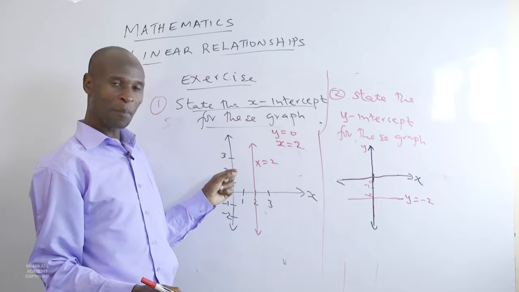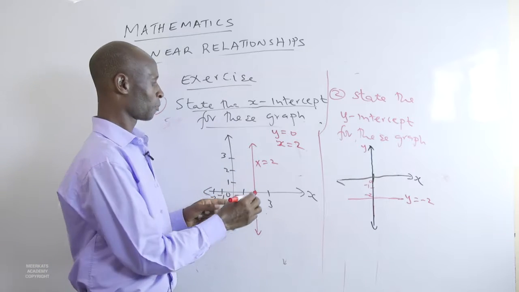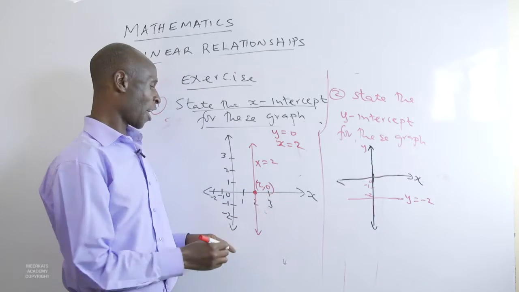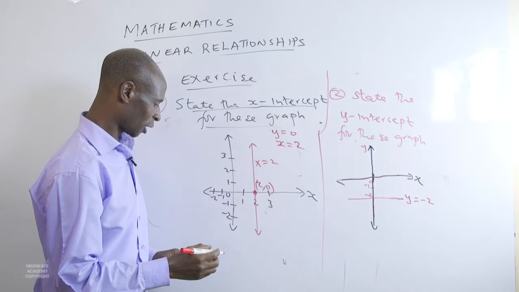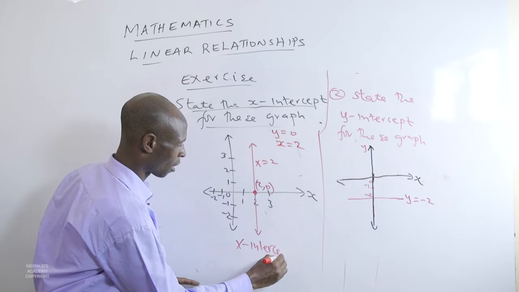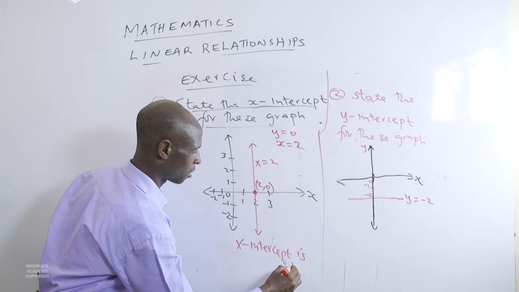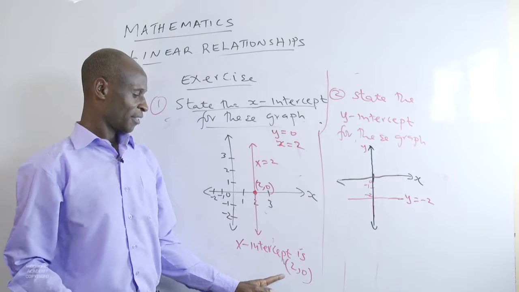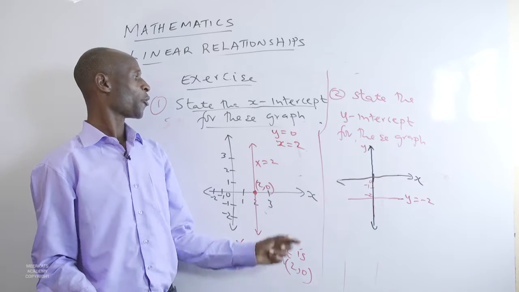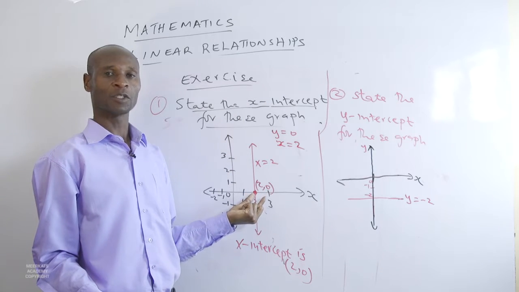And therefore, what will be the point itself? The point will be 2, 0. So the x-intercept is 2, 0. The graph is cutting the x-axis at 2.